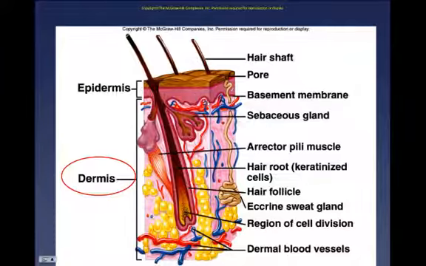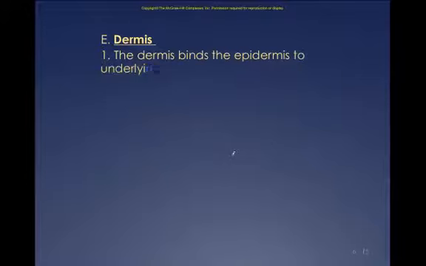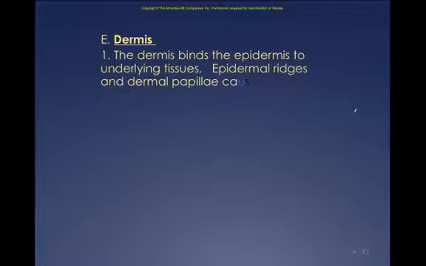However, as you get farther and farther away from the dermis, then you're going to basically put yourself farther and farther away from all of these nutrients that are available. And so that's why these cells actually start to die off. They literally are no longer getting any nutrients as they're pushed farther and farther away from the dermis. So it's kind of interesting, and that might help you to remember what's happening there in the epidermis.